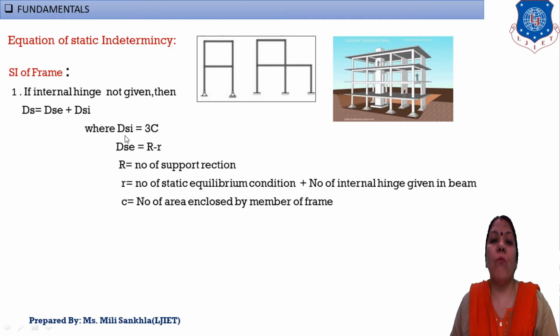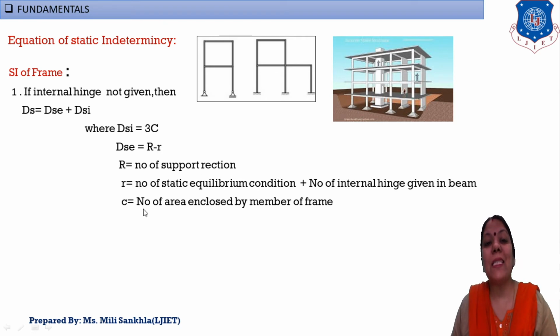Now what is the equation of DSI? DSI for frame is equal to 3C, where C is equal to number of areas enclosed by members of frame. In the first frame we can see that 1, 2, 3, 4 members enclose this area, that means for the first figure cell area C is equal to 1. In the second figure, look, this one is open and this one is open, only this area is enclosed, so here again C is equal to 1.